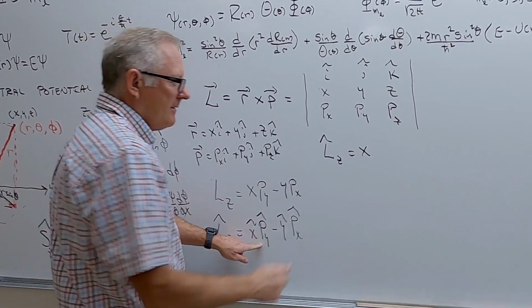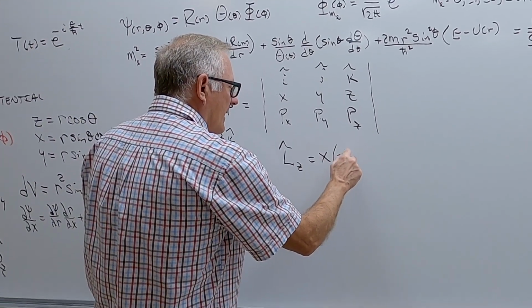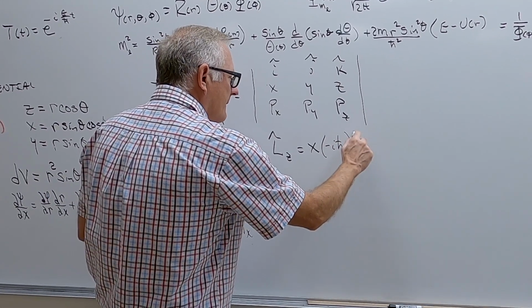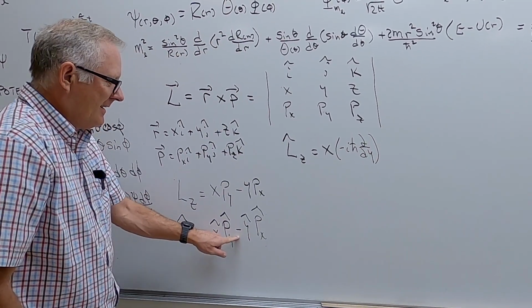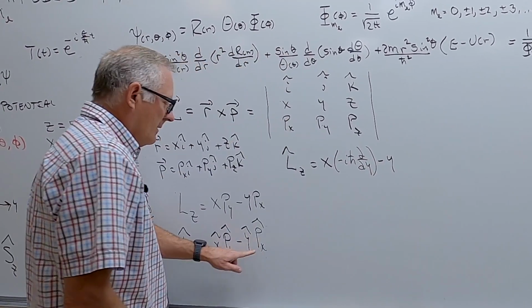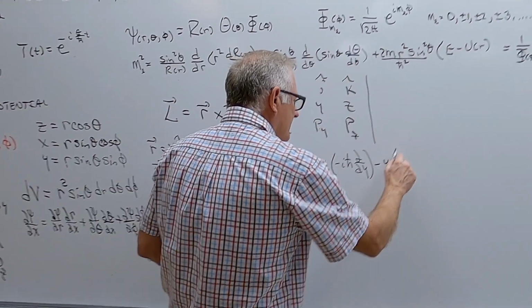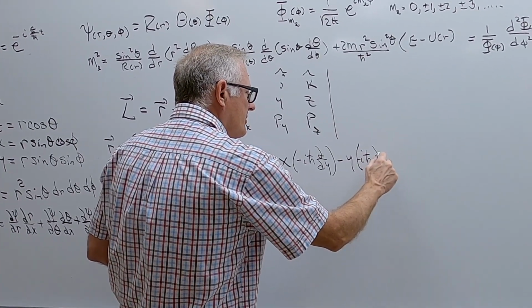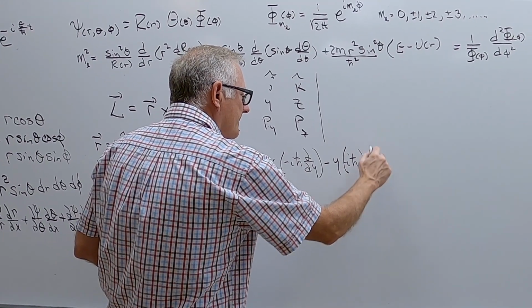Py is minus i h bar partial with respect to y. Minus y is just y. Px is minus i h bar partial with respect to x.